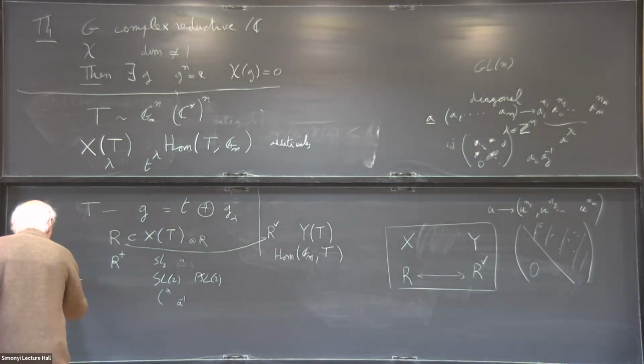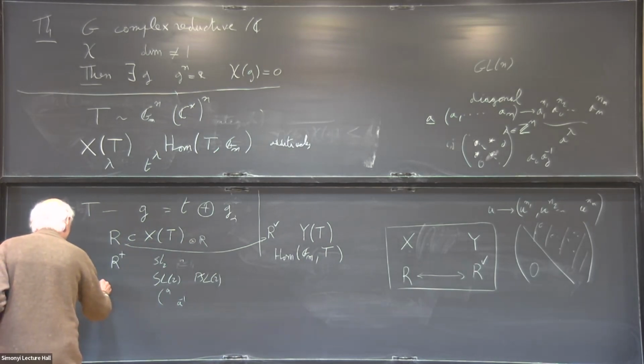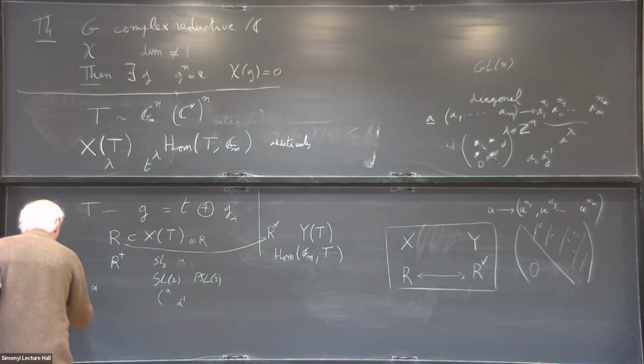And then an important definition is a particular weight, rho, which is the sum of the positive roots divided by 2.